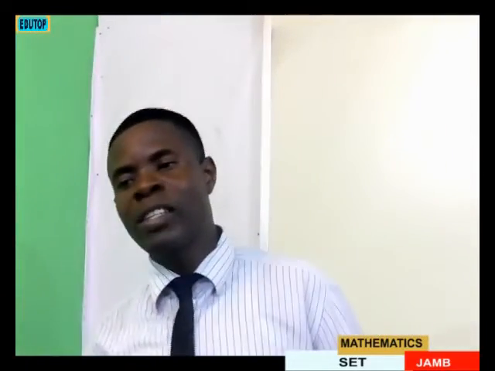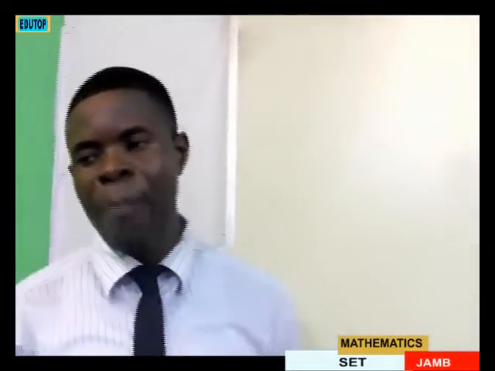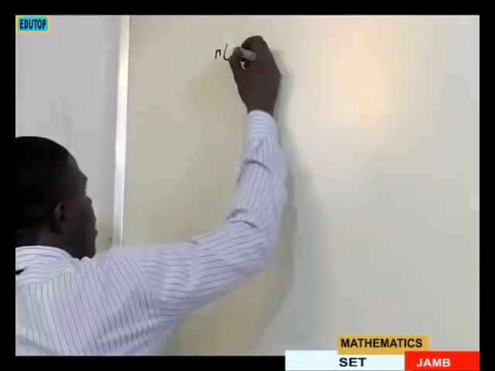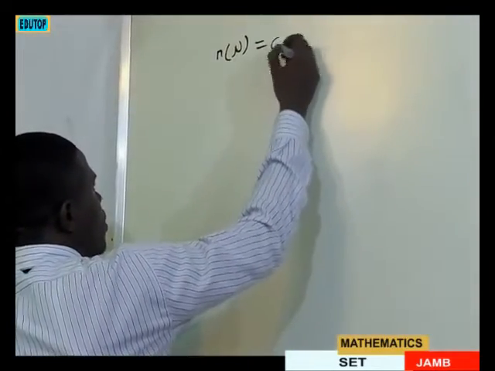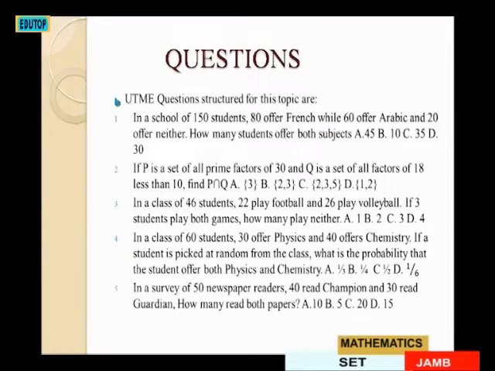Now, this is another set, because there are some questions on sets that are interwoven with probability. That is why I am using this avenue to take them together. In a class of 60 students, number of universal set is 60. In a class of 60 students, 30 offer physics, 40 offer chemistry.